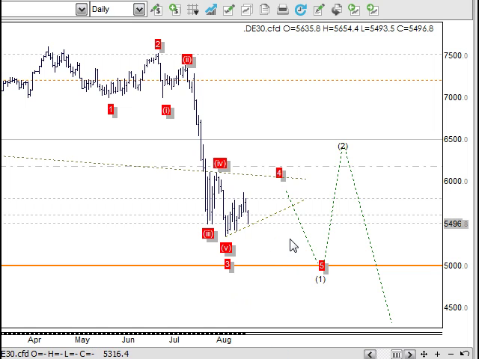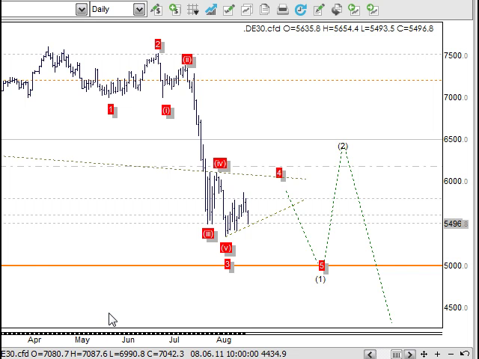So look, don't worry about all these targets just yet, but what we are looking for is that corrective pattern in there, which is definitely corrective because it's got that overlapping wave structure, and there may be more to it, but eventually we'll see it down through here, and the FTSE would be the same as that as well. But with Germany being the central figure in there, we should keep an eye on its wave count as well.